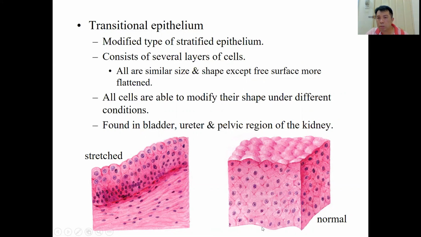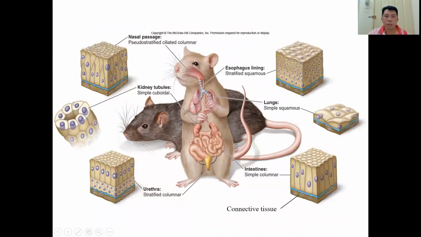When you empty your urinary bladder, the epithelial cells return to this cuboidal shape. So these are the different types of epithelial tissue in different locations.